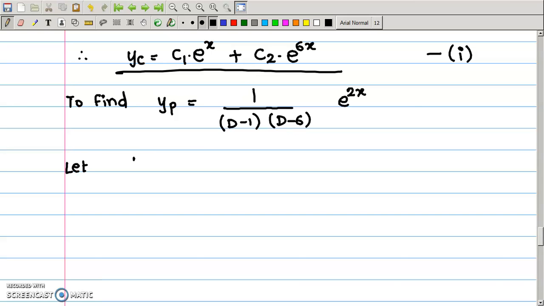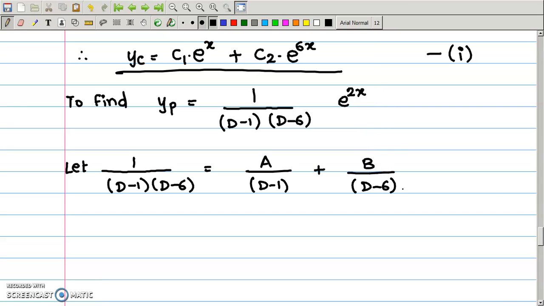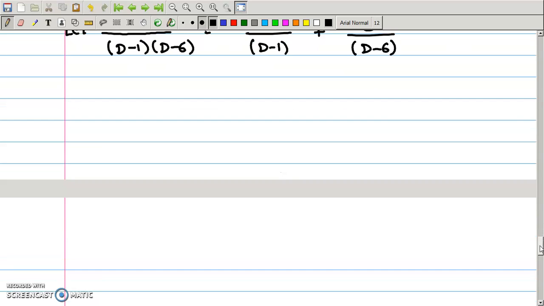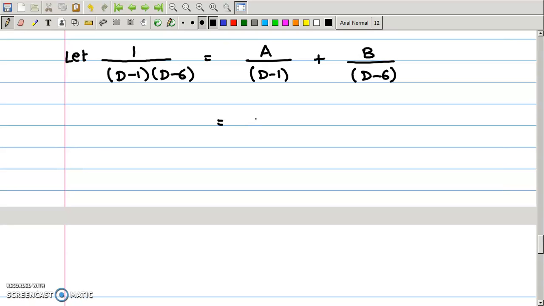So what we do, we consider 1 upon (d minus 1) into (d minus 6) is equal to a upon the first factor d minus 1 plus b upon d minus 6. We take the cross multiplication: a into (d minus 6) plus b into (d minus 1) is equated to 1, after cancelling the denominator term.